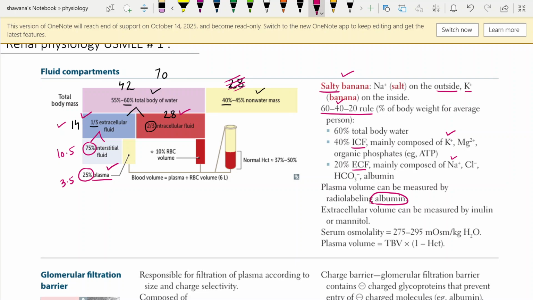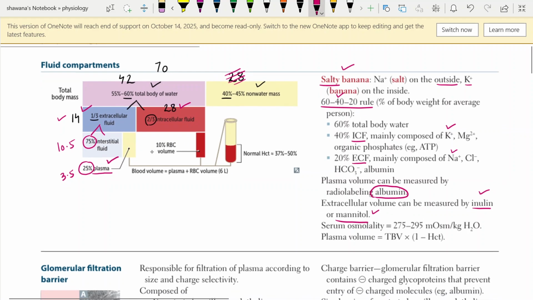Extracellular volume is measured by inulin and mannitol. It's not insulin, it's inulin. Inulin and mannitol have specific characteristics, because they are neither secreted nor reabsorbed. They are freely filtered, so extracellular volume can be measured by the inulin concentration.